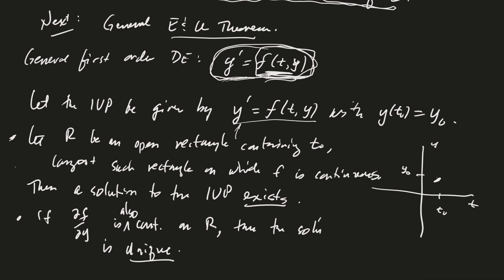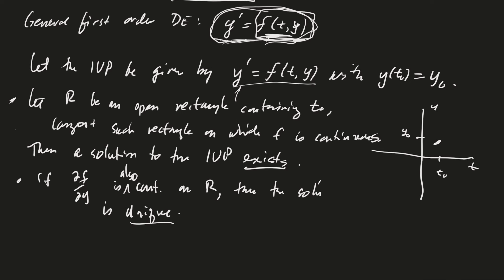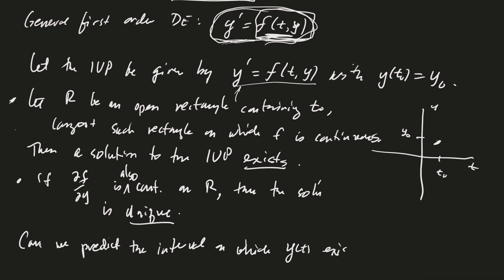Good. All right. And so now we've answered the existence and uniqueness question. Now there is one other question that we might be asking, and that is, is it possible to predict the interval? Can we predict the interval on which the solution y of t exists? Notice that for the linear case we were, right?